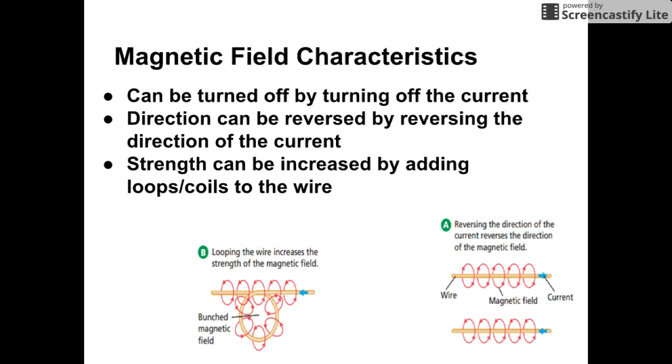Also, we can reverse the direction of the current, which will actually reverse which pole is north and south on the magnet. Also, we found out yesterday in our lab activity that if we add the loops or coils of wire around that magnetic core, it will create a stronger magnetic field.